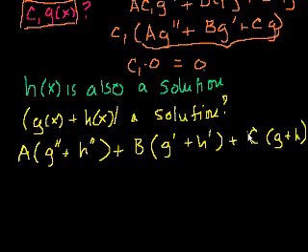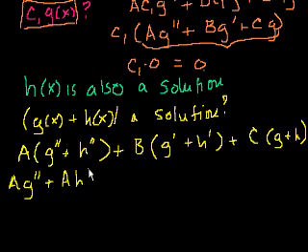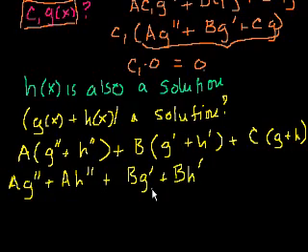And now what can we do? Let's distribute all of these constants. We get a times g prime prime plus a times h prime prime plus b times the first derivative of g plus b times the first derivative of h plus c times g plus c times h.